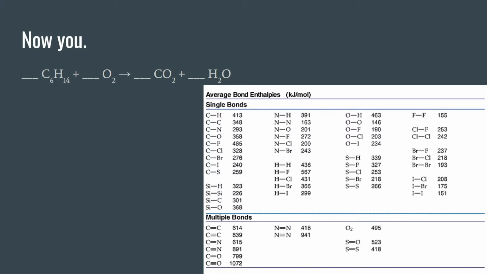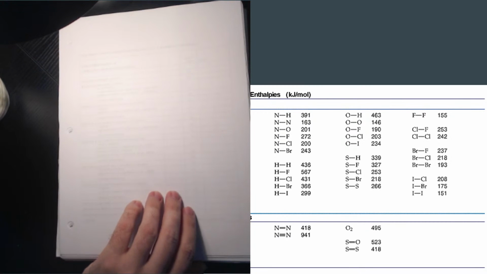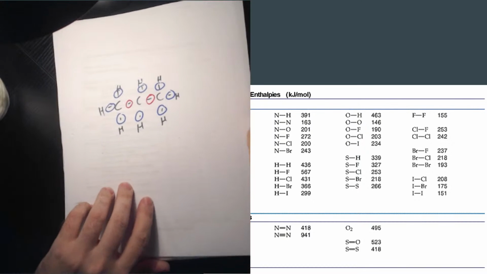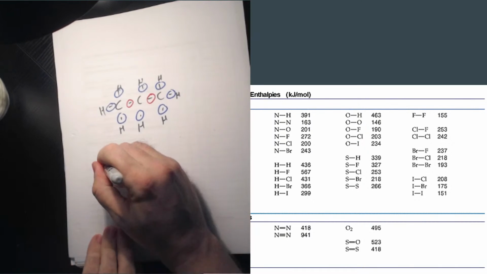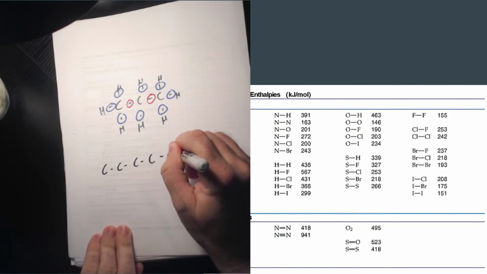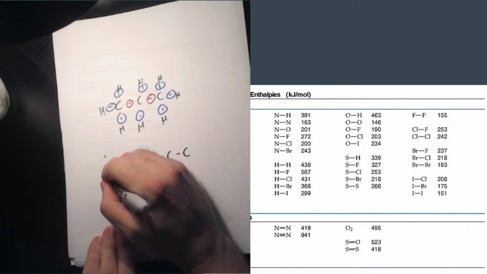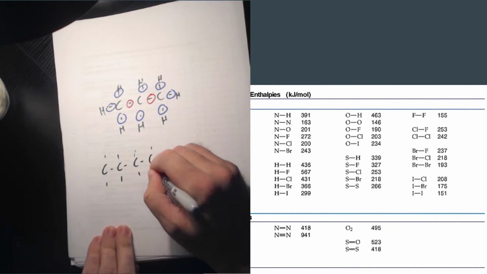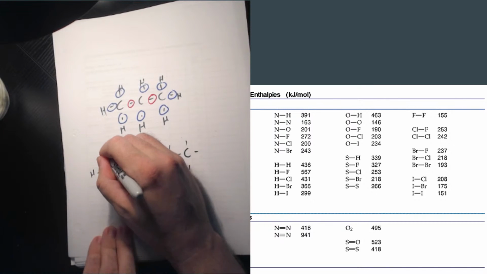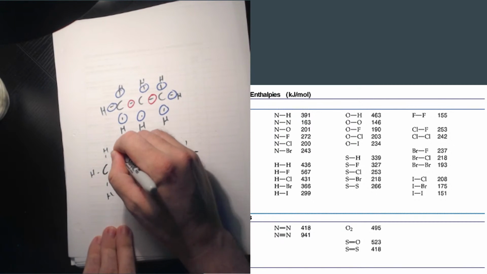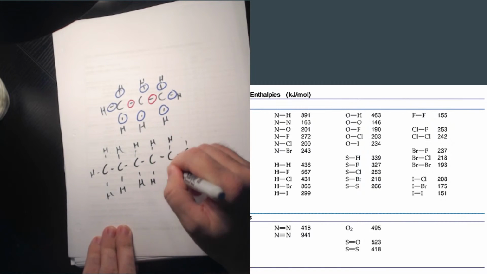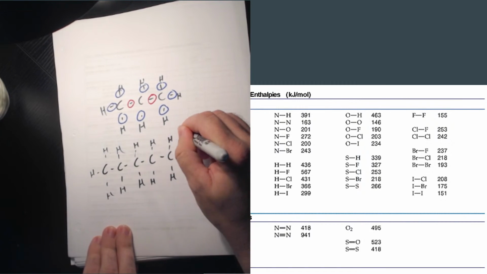Just to get you started, I'm going to draw out hexane, C6H14. So hexane is carbon, carbon, carbon, carbon, carbon, carbon, with 14 hydrogens attached.